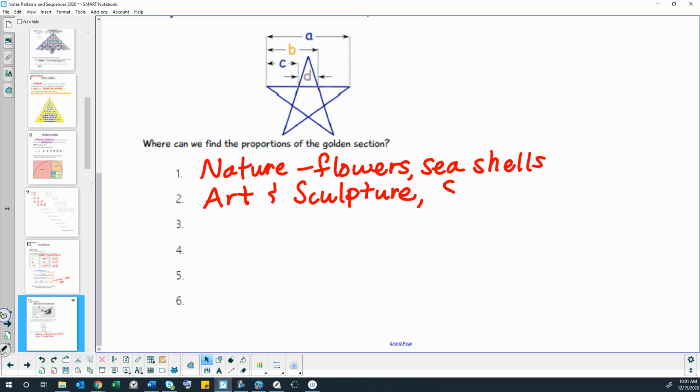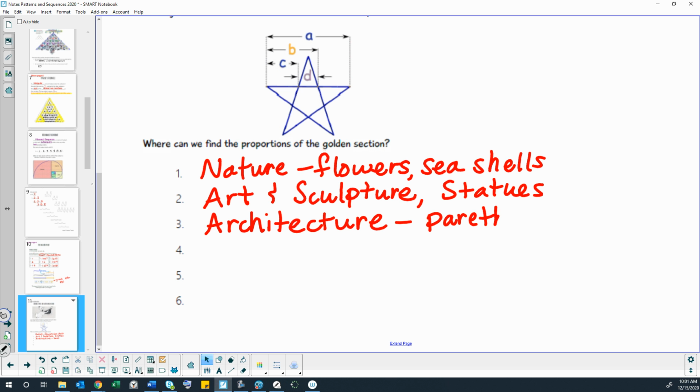Very good. So architecture, like in buildings and things. For example, you've got the Greek Parthenon, right? That building that we talked about at first, that had all the little golden rectangles in it, the Parthenon in Greece.